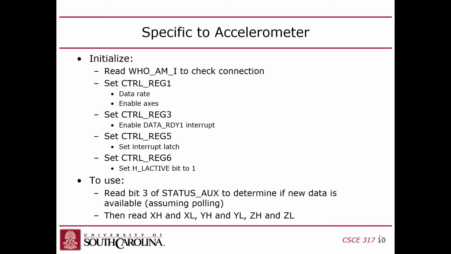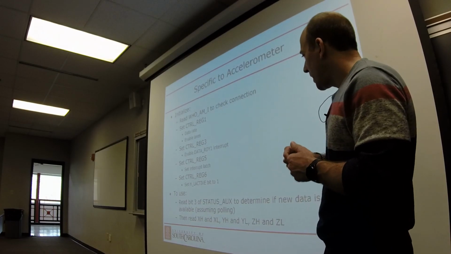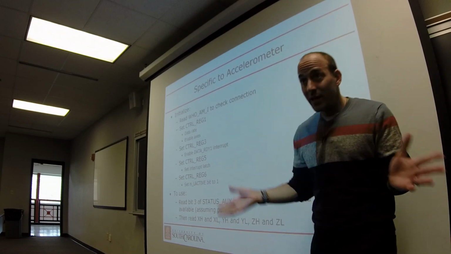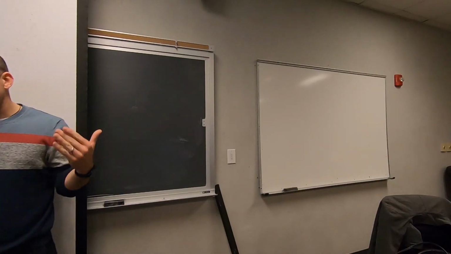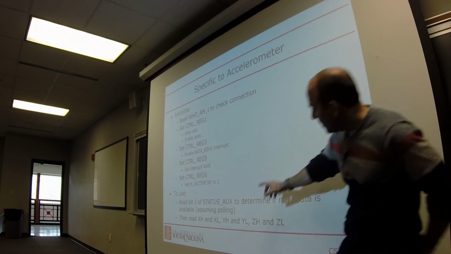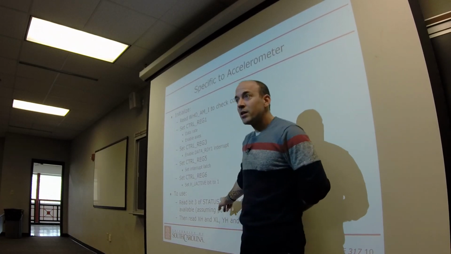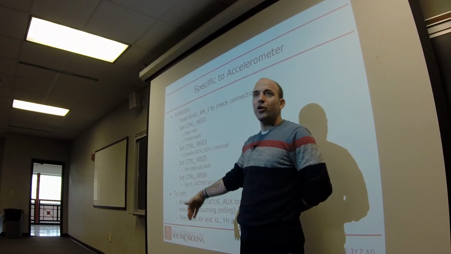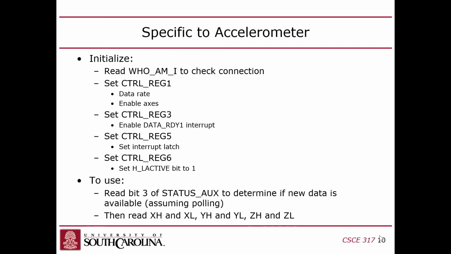Okay, now to use the accelerometer, if you're polling, as opposed to using the interrupt, then you can read the status aux register, which will tell you whether new data is available to be read. Otherwise, if you've got interrupts enabled, you're interrupting to know when the next sample is available.